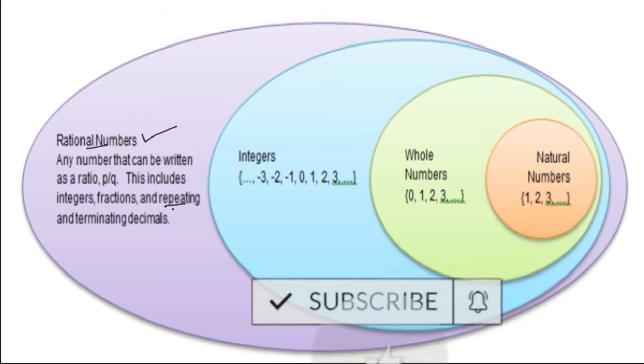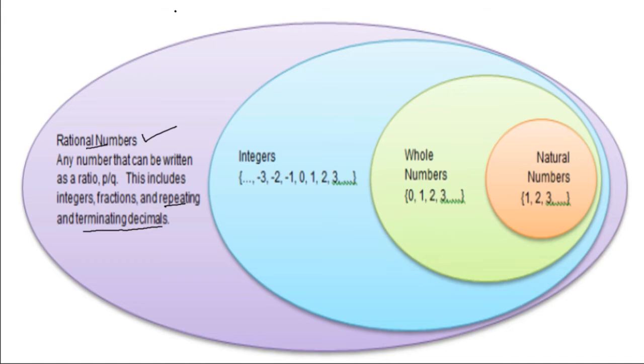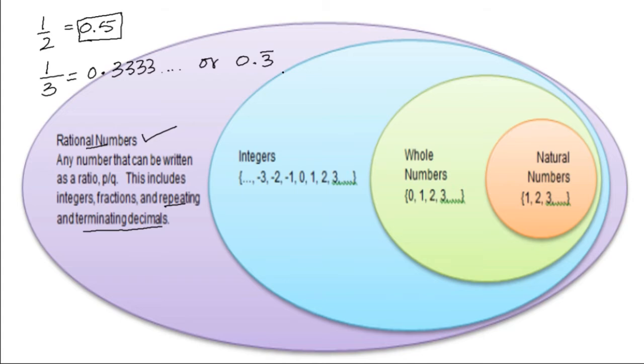What do repeating and terminating decimals refer to? When I consider the number 1 upon 2, it is nothing but 0.5. It's a terminating decimal. For instance, if I consider 1 by 3, it becomes 0.3 recurring, or it can be written as 0.3 bar. This bar indicates that that particular digit repeats.